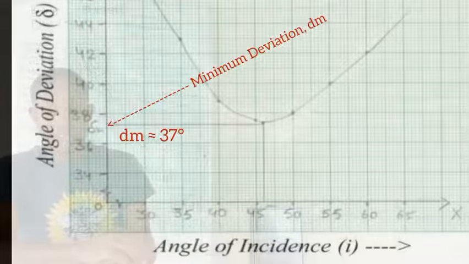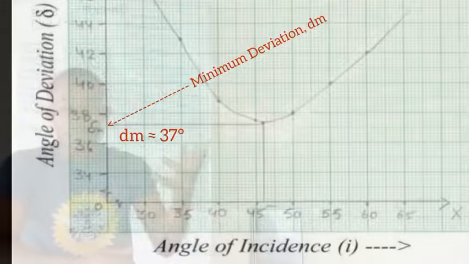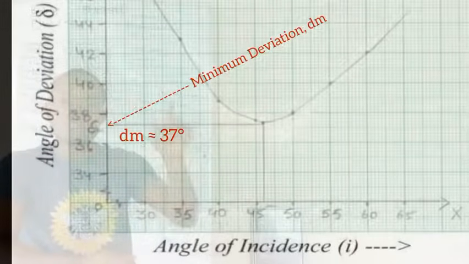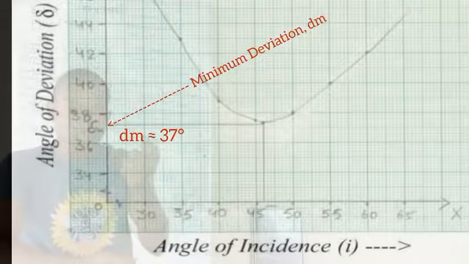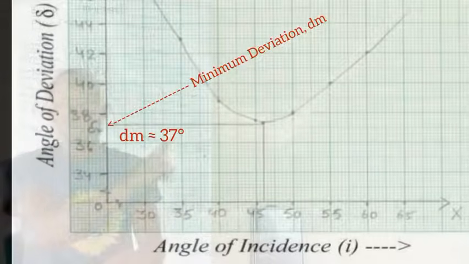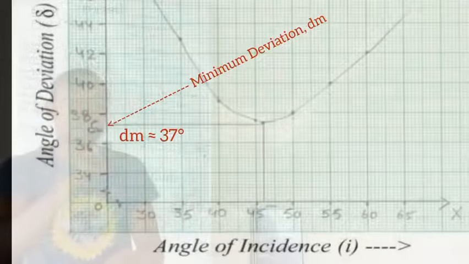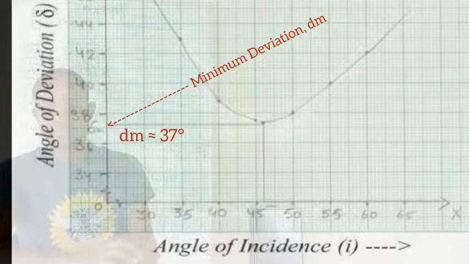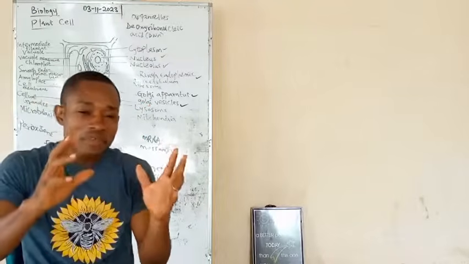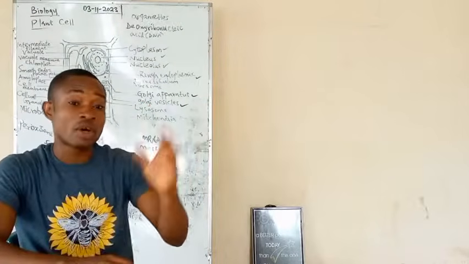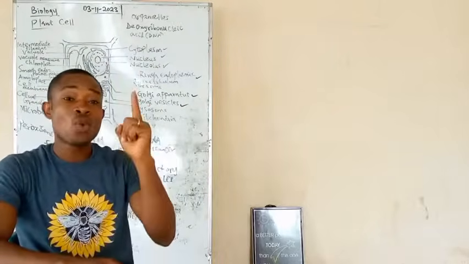But before then, since you've known how we obtain the angle of minimum deviation from this graph, I would like to tell you the conditions for minimum deviation to occur when light is refracting through a triangular prism. At minimum deviation, the following conditions must be true. 1.